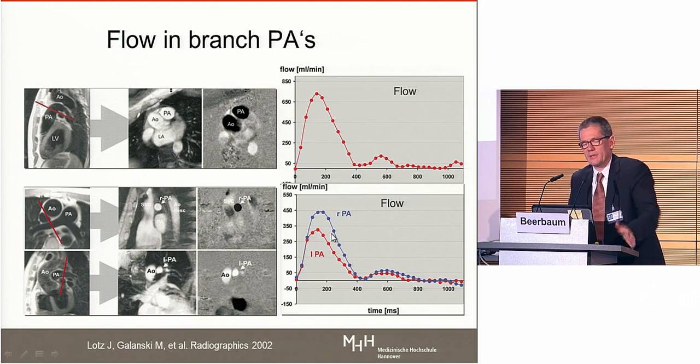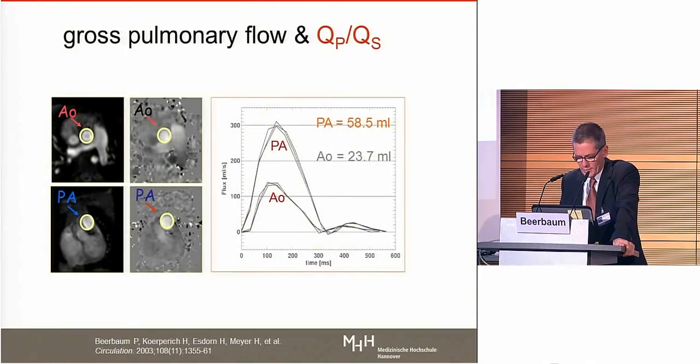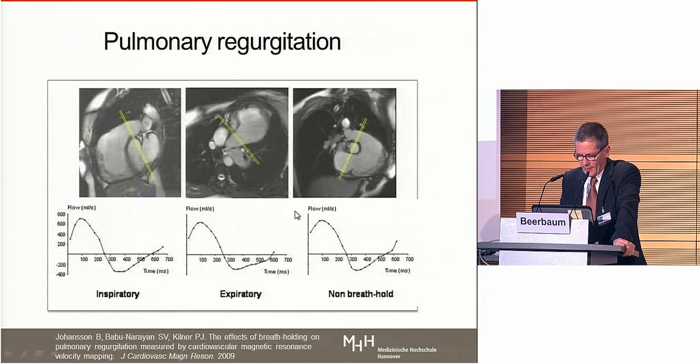It resembles a little bit the scintigraphy information that we had earlier on global differential lung perfusion that could guide a decision whether or not to put in a stent in a particular branch stenosis. Obviously, you can also get the flows and the cardiac output through the pulmonary vessels and the aorta. And you can assess the pulmonary regurgitation.